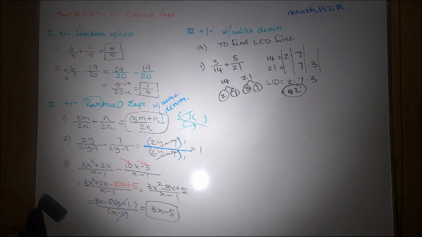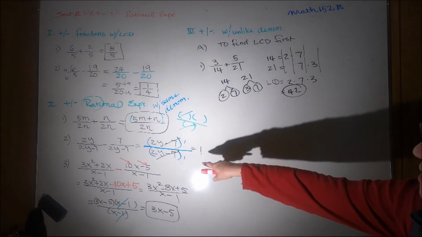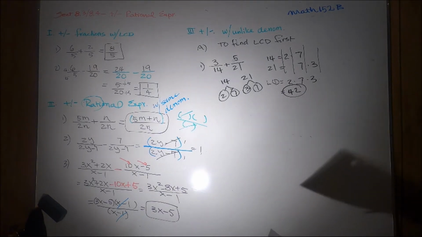And let's write down the steps. How do we find the LCD for numbers? And we will do the same thing for the polynomials, right?